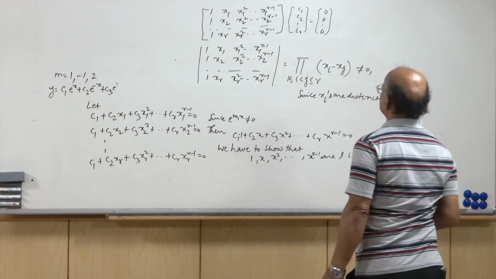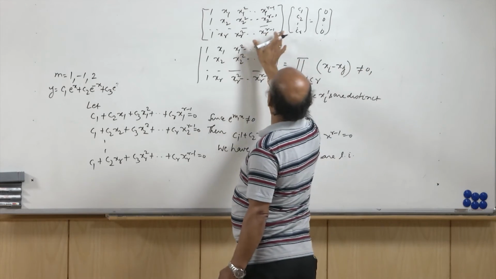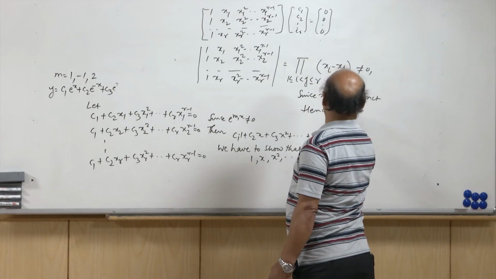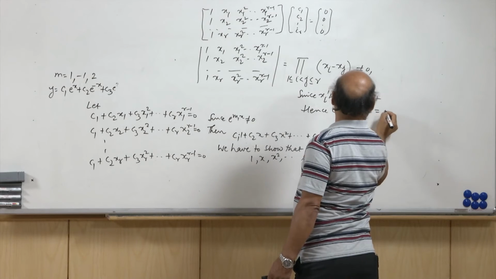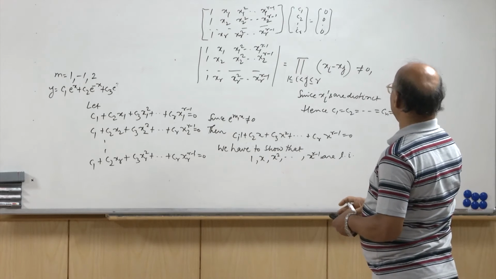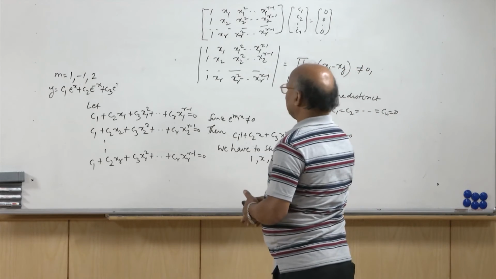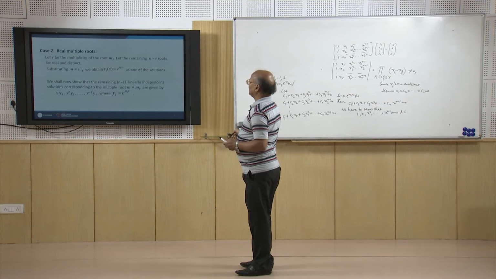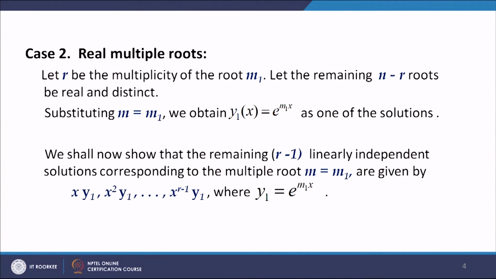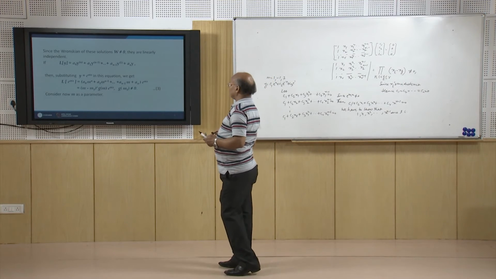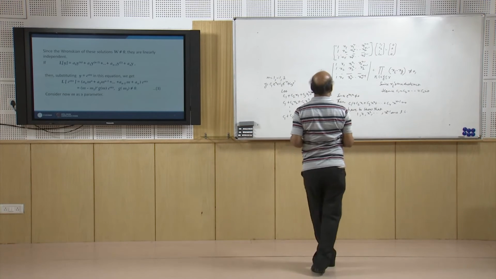So this determinant is non-zero, and therefore C1, C2, up to Cr are equal to 0. Hence the r functions 1, x, x square, up to x to the power r minus 1 are linearly independent, and so the functions here are linearly independent. The direct proof of W not equal to 0 is rather difficult, so we have proved it by another method.